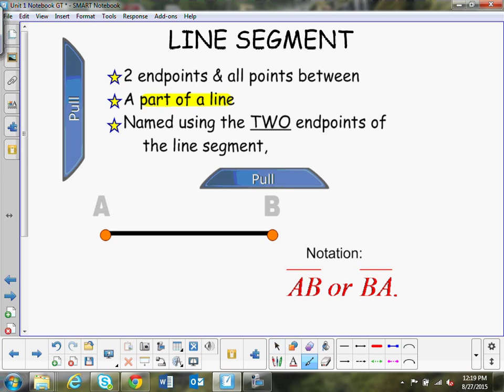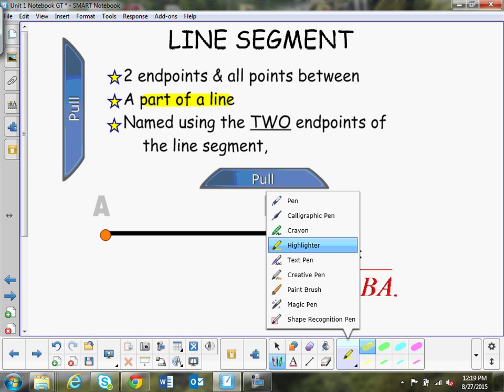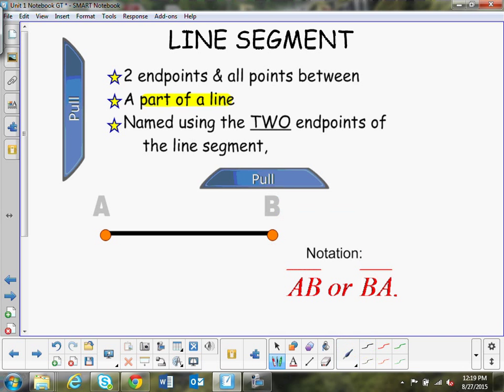Now remember, the segment is part of the line. So if you see a line right here, and you have a point here, and a point here, and a point here, and a point here, well, there are segments on that line, so I may ask you to name every segment on there. Okay?